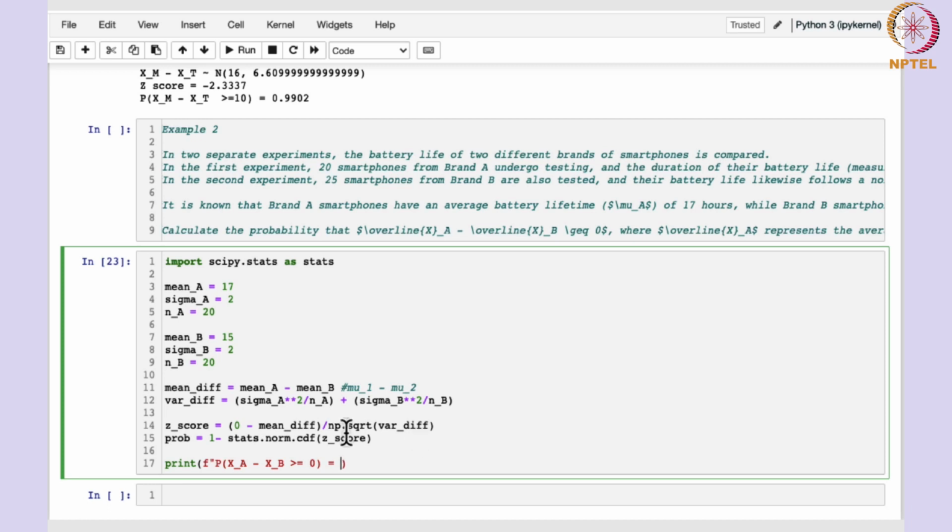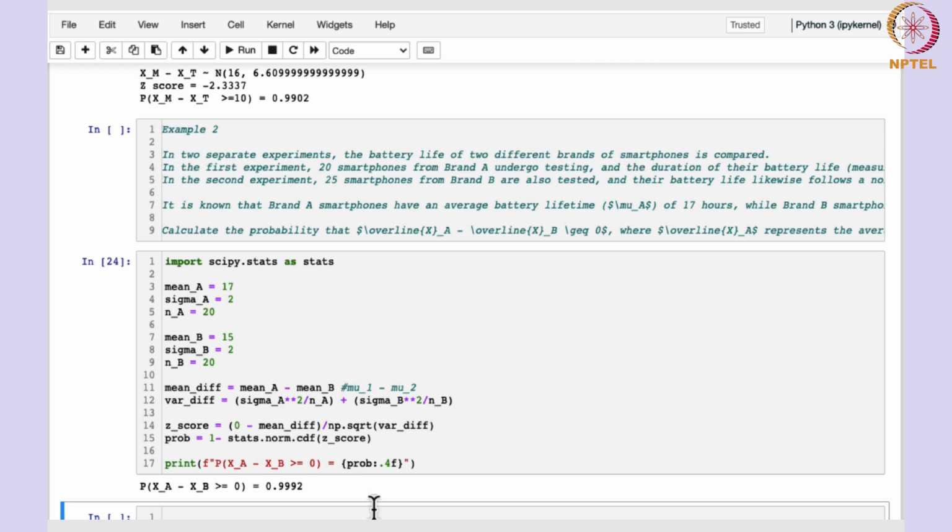This is same as this probability, so this is prob, and we want it to 4 degrees of freedom, so we can specify that. You can see that it comes out as 0.9992.